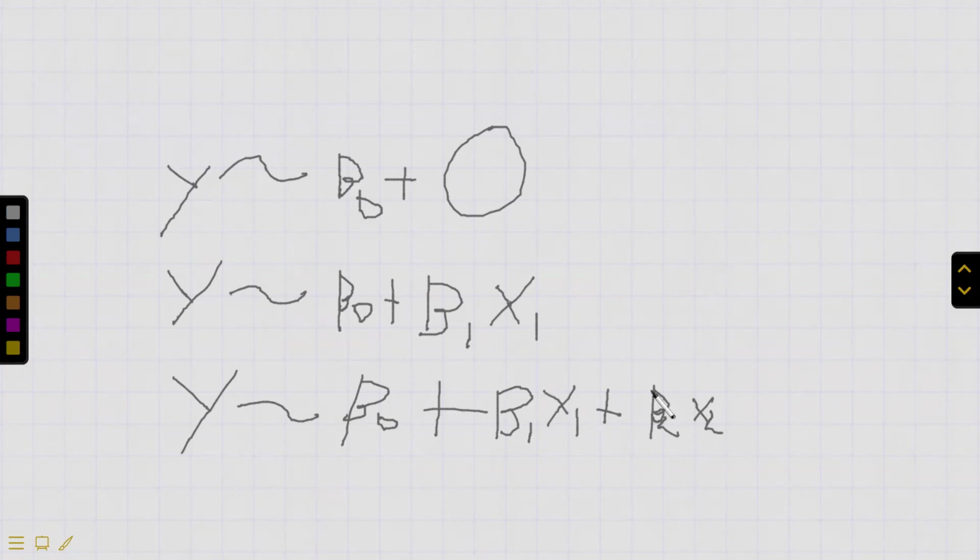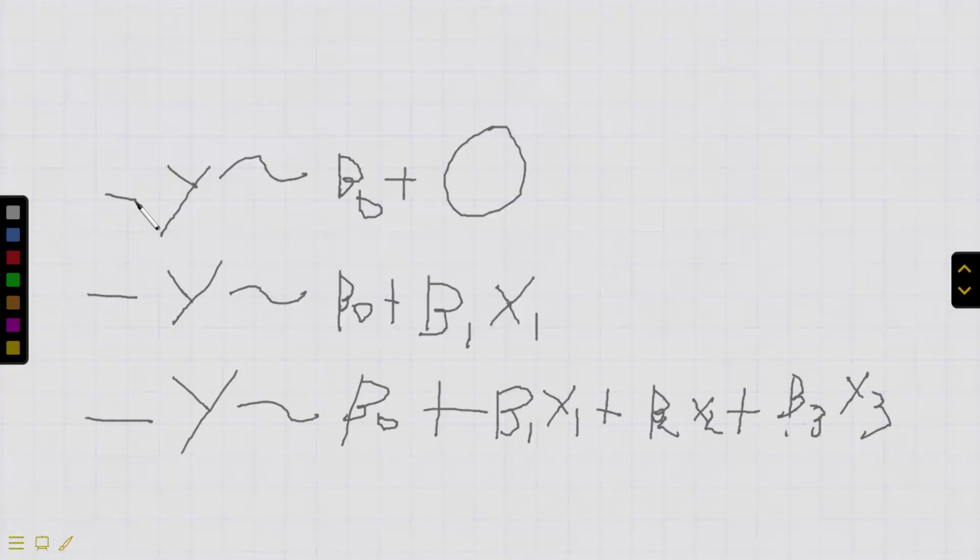You could start with a very big model. So let's imagine that you have another predictor here, beta sub 3. And then you start in the opposite way. This is going to be your first model, then this one, and then this one. So you could actually start with a very big model and trim the model, cutting the branches of the model, right? And you keep the model that is more parsimonious.